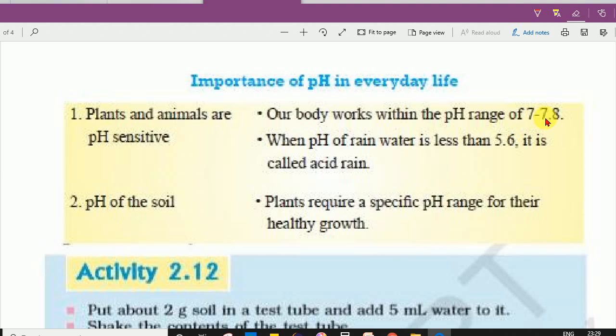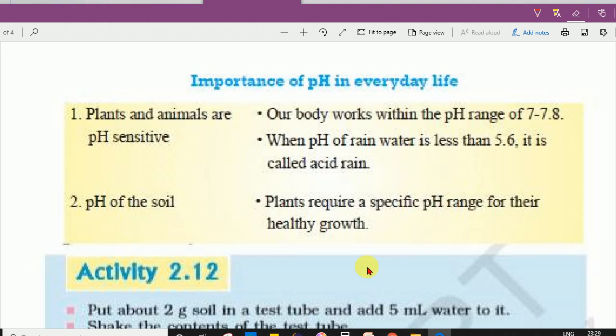It ranges between 7 and 7.8, depending on what we are eating, whether we are eating acidic things more or basic things more. The pH of plants also always remains between 7 and 7.8. So we can see that the pH of the soil is also required in the same range. For healthy growth of plants, it is required to be in the range of 7 to 7.8.